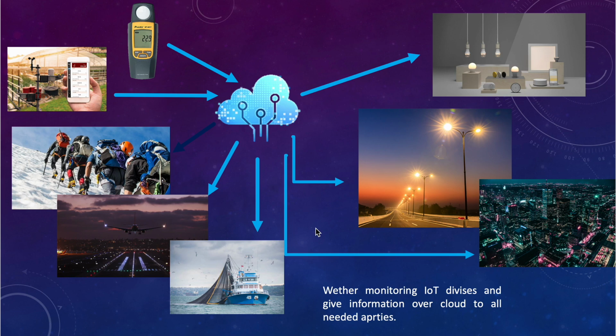So real-time weather data is really important. When these trawlers are connected to the internet through satellite or somehow, this real-time weather data can be obtained. Of course, the weather information that is collected by the IoT devices is fed into the cloud environment.